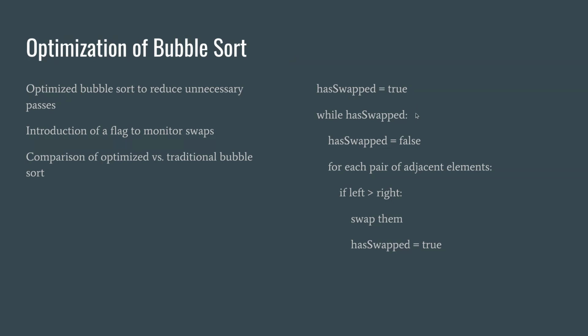Once you have this, in the best case scenario the algorithm time complexity will improve from O(n squared) to O(n), because when the array is sorted and we use this optimization, only one pass will be necessary.